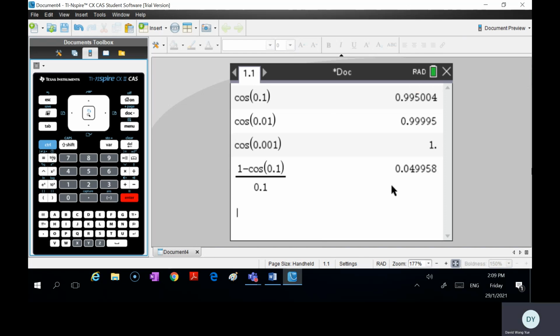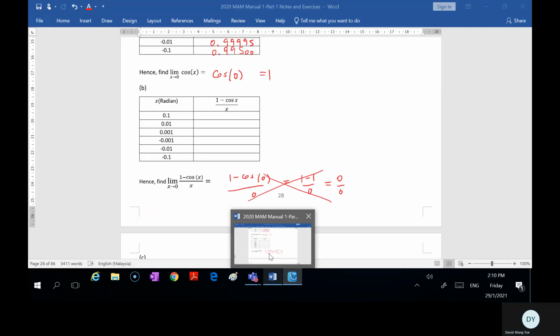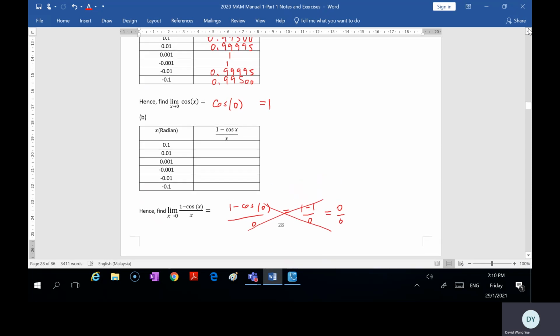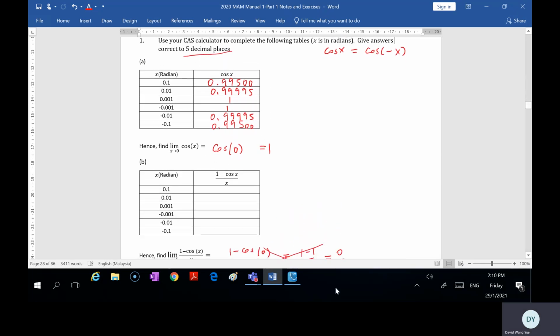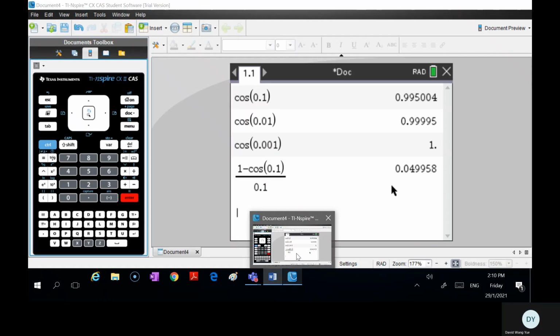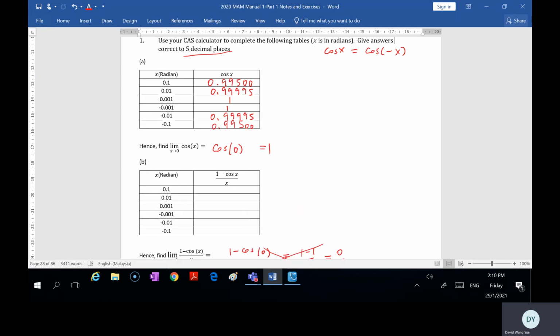Enter. So here we have 0.049958. If I'm not mistaken, this is also 5 decimals, so that is 0.04996.